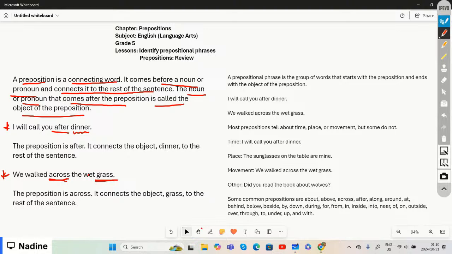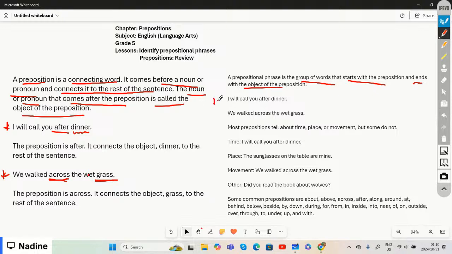So it starts with the preposition and it ends with an object of preposition. That is a prepositional phrase.